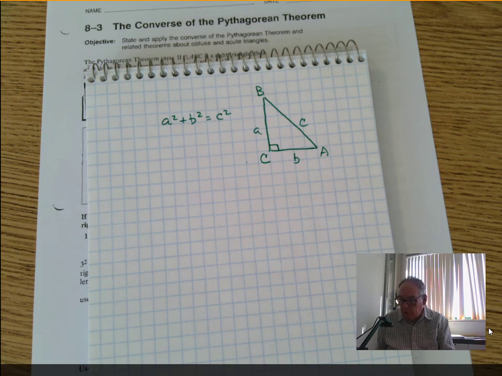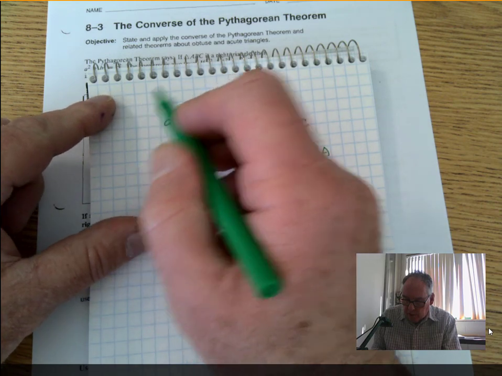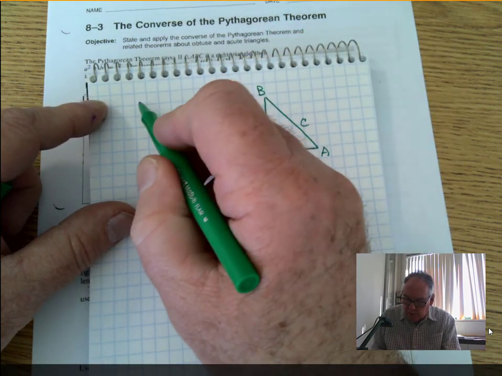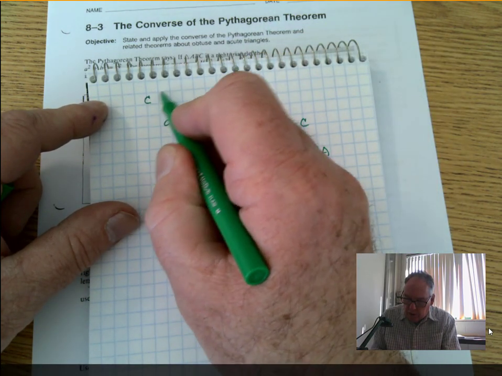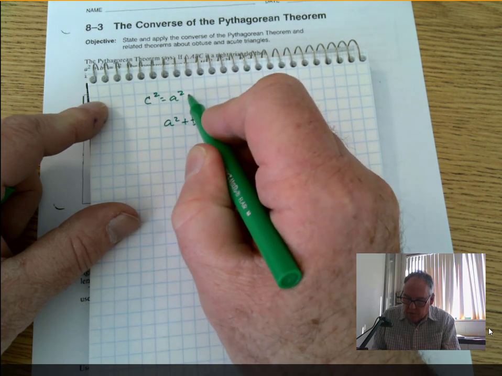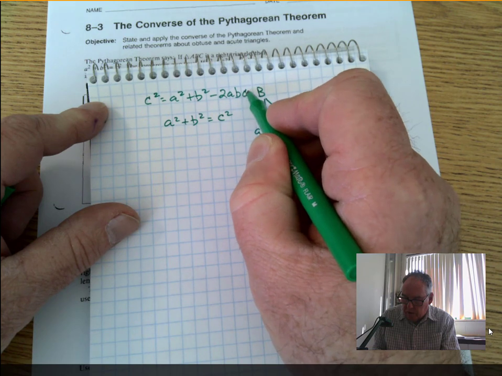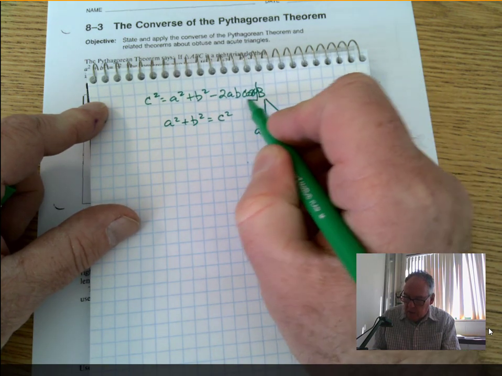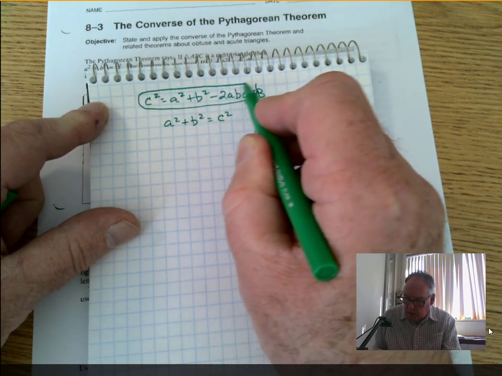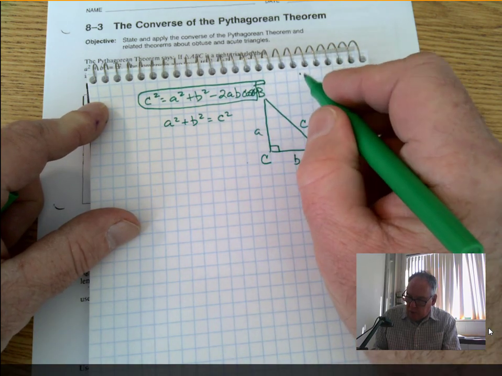Now there is a law of cosines, which I think is much more useful. c squared is equal to a squared plus b squared minus 2ab cosine theta, where theta is the included angle. And this works for all triangles.